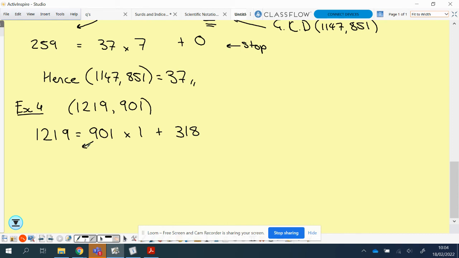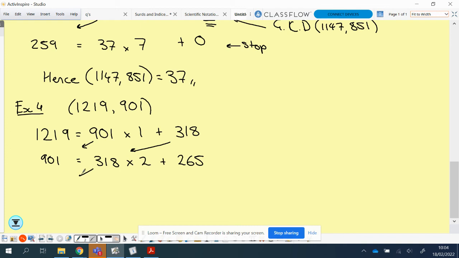So we move 901 over. We'll move the 318 over as well. And now we work out how many times 318 can fit into 901. So that can fit in twice. And it would leave us with a remainder 265. Okay. Again, no remainder equals 0.